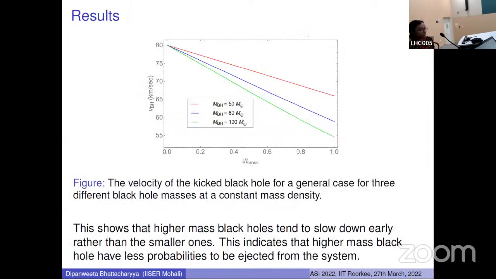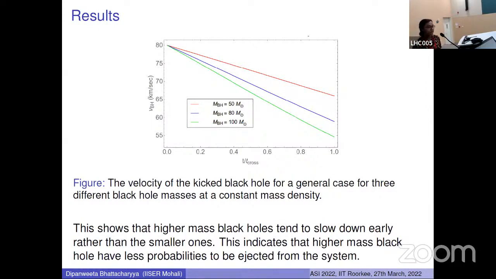So now we come to the results that we have found. This is the velocity of the kicked black hole for a general case as a function of time. The time has been considered in units of crossing time. As I already mentioned, the kick velocities can be around 100 kilometers per second, so we are taking around 80 kilometers per second here.